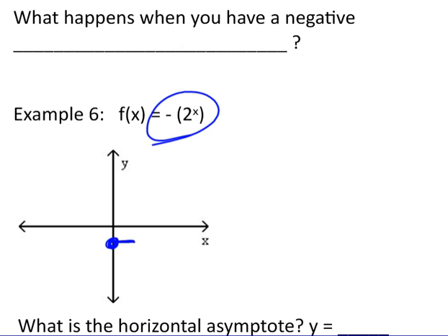And instead of going up this way, we've got to turn that upside down. We still have to get close to the horizontal asymptote. We didn't shift it, so the horizontal asymptote is still going to be at 0, but instead of going up, it's going to be going down.